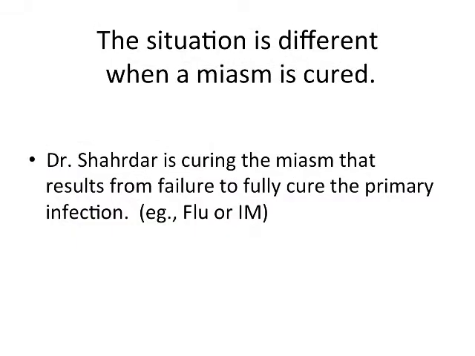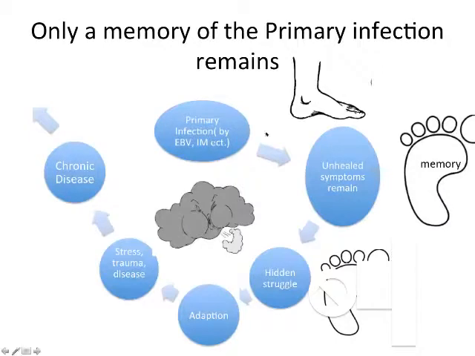The situation is different when a miasm is cured. Dr. Shahrdar is curing the miasm that results from failure to fully cure the primary infection. Okay, so what we are saying here, it's unhealed, it's not fully cured.